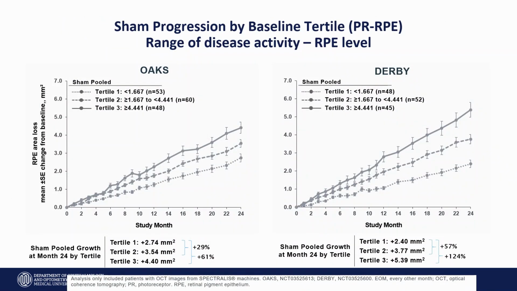We confirmed this hypothesis on the phase 3 data of the Apellis trial, OAKS and DERBY. You can clearly see that the continuous line, which represents the higher tertile of the photoreceptor RPE ratio, has a much faster progression as compared to the dotted line, which is the group with the low ratio.